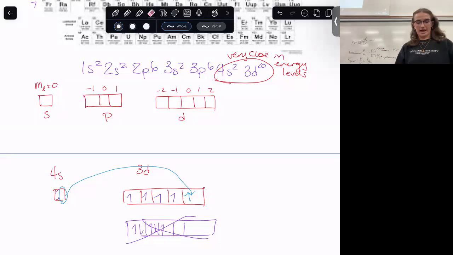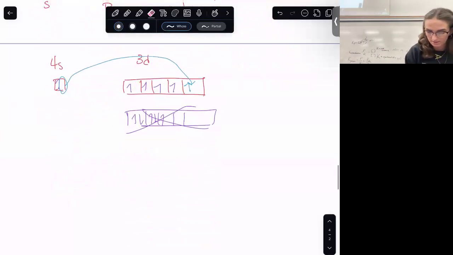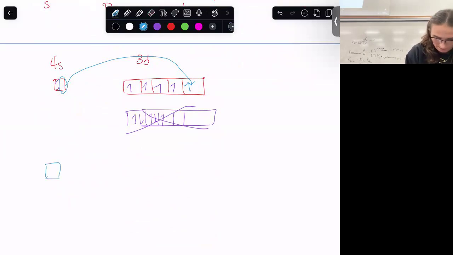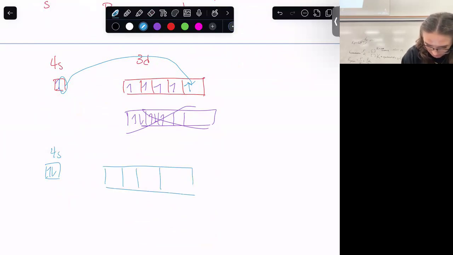The other time this happens is, right? We have a pair in the 4s, and we have your 3d almost completely paired, but there's one missing.